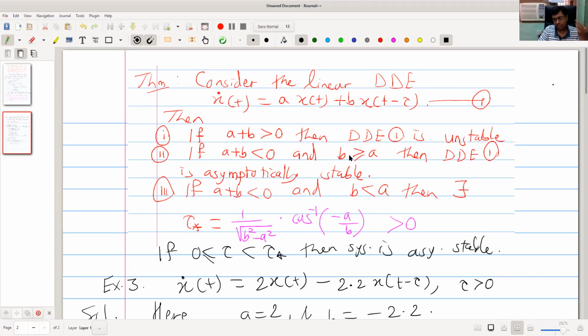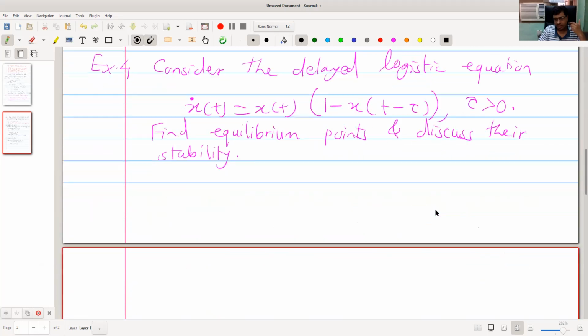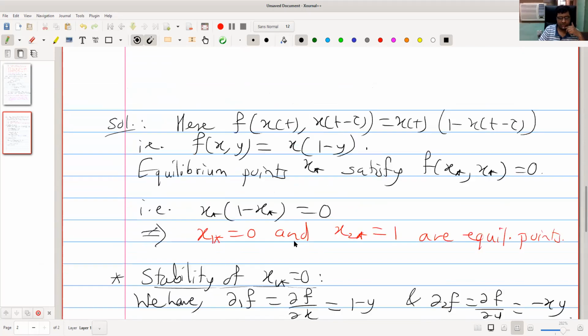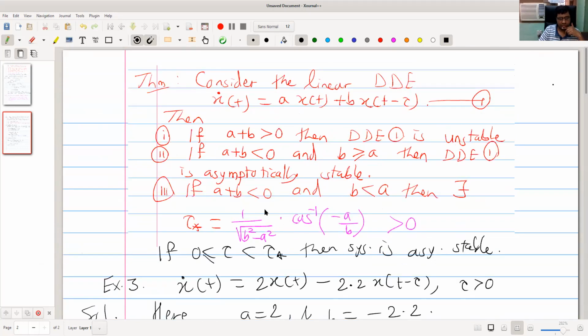So these are the conditions. a plus b is negative. Now we check whether b is greater than or equal to a, or b is less than a. b is negative 1, a is 0, so b is less than a. So we are in the third condition.